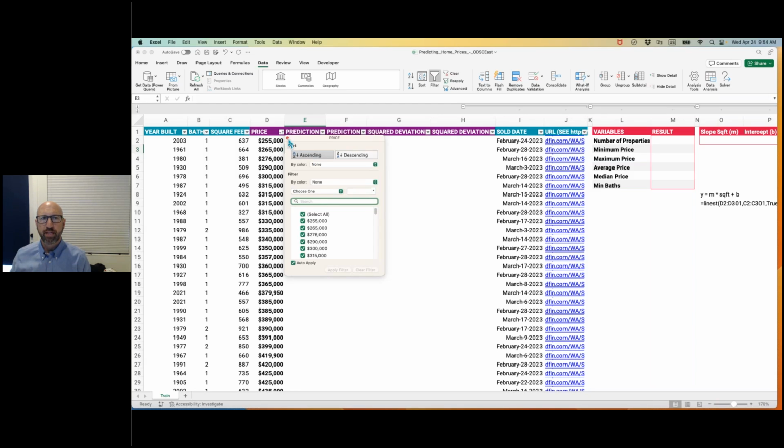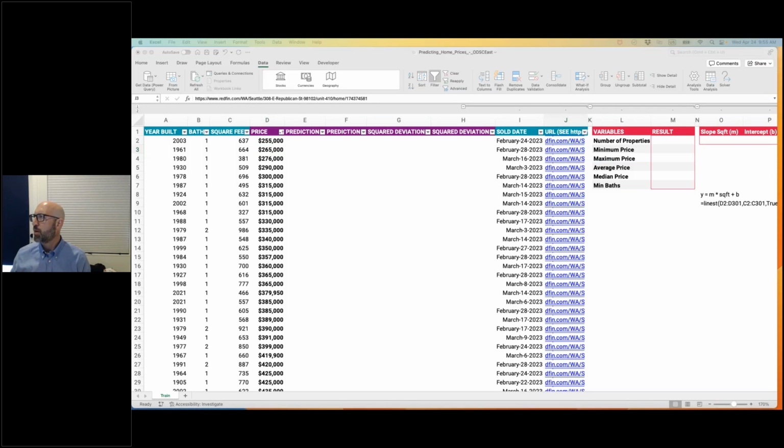Now we can see our most inexpensive property was 255. Let's look at our second most inexpensive. This one was built in 1961. It has one bathroom, 600 square feet. It was sold for $265,000. And let's click on this link to see what this property looks like.